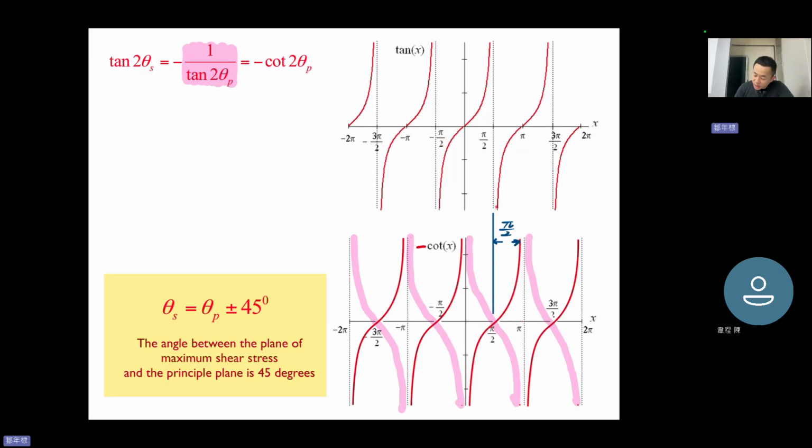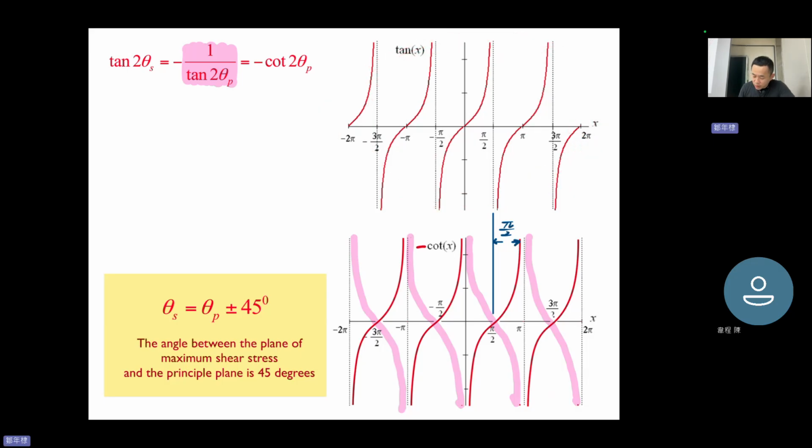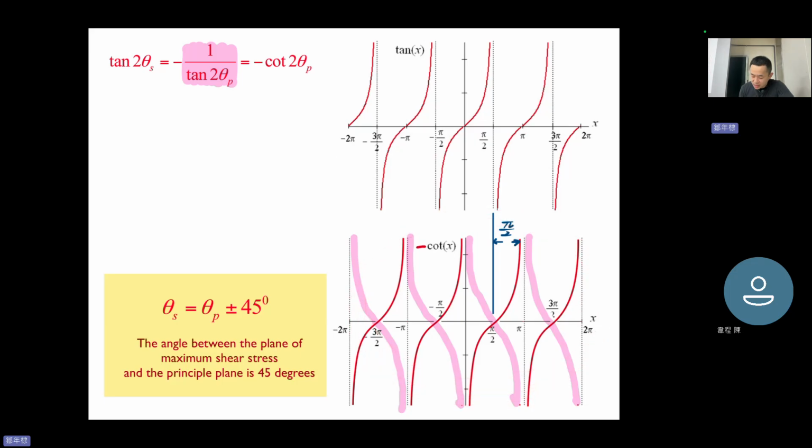Or you can say this curve goes back half pi and becomes this. So you know that this is the theta p tangent curve. What will it be if it is minus cotangent 2 theta p? Their phase differs by positive or negative half pi. This is 2 theta, right? Half pi is 90 degrees. So 2 theta, so theta p is actually positive or negative 45 degrees.